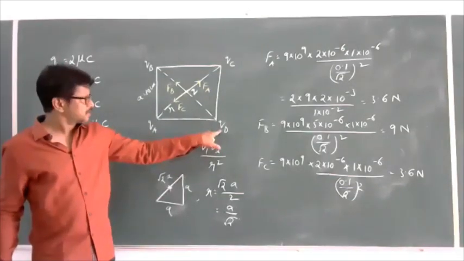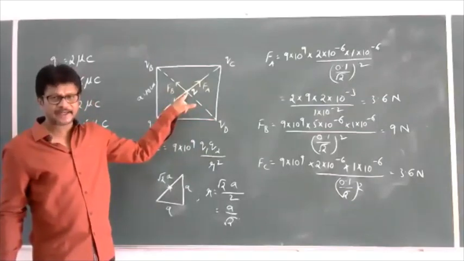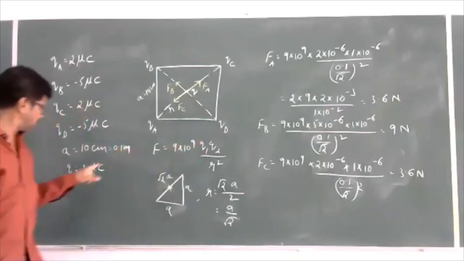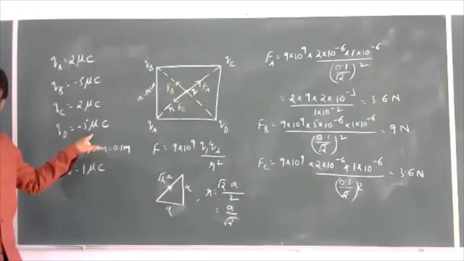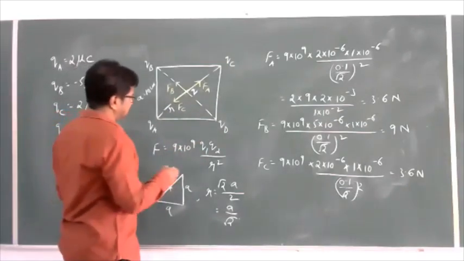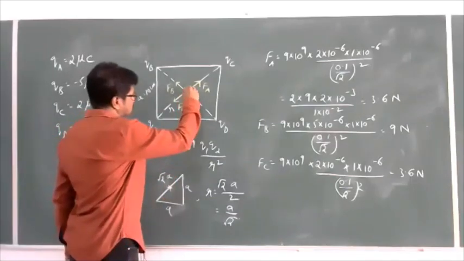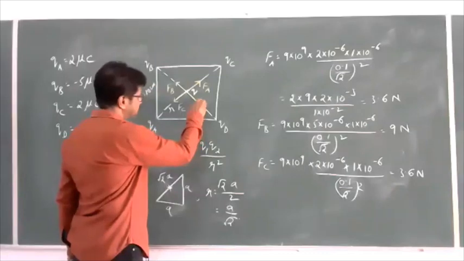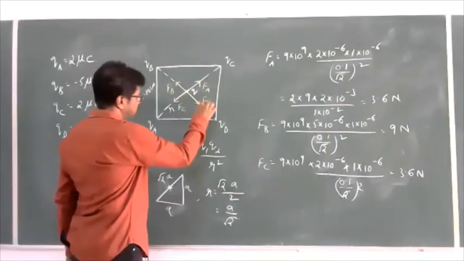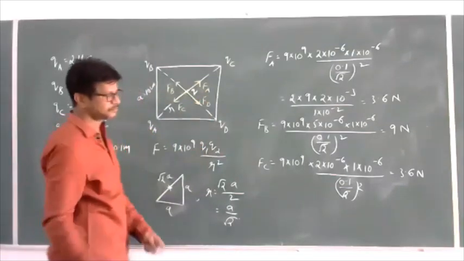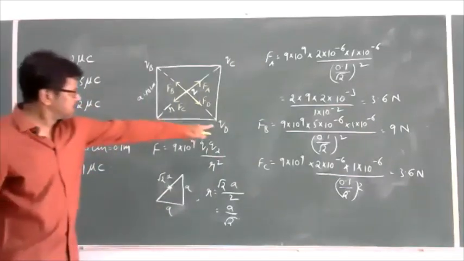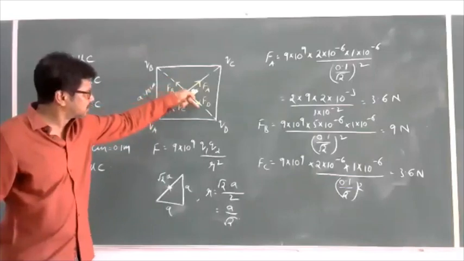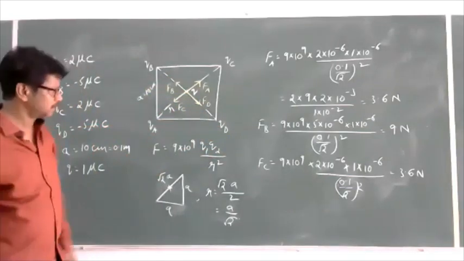Because of this, one more force will act. Again, QD is negative, so there will be an attractive force. Here we are finding the force, so the direction of the force will be like this.